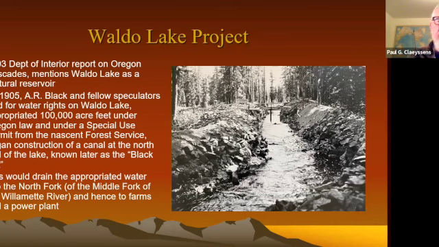And then this canal that they dug to control the natural outlet of Waldo Lake, which flows into the North Fork of the Middle Fork of the Willamette, became known as the Black Cut.